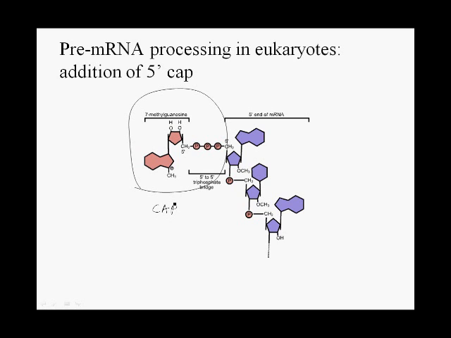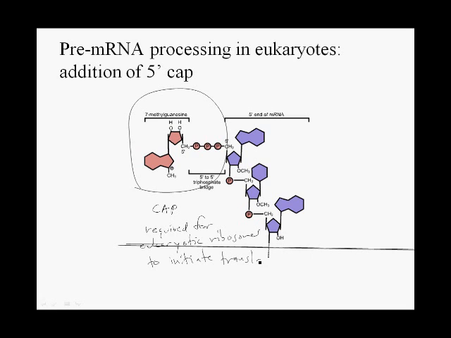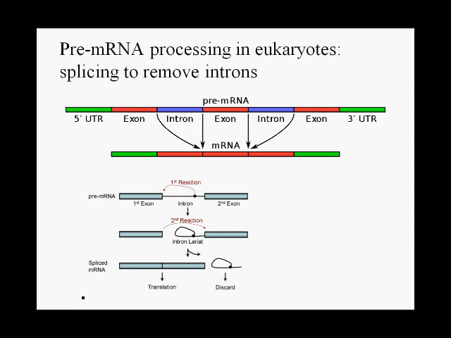You don't really need to remember the structure of this modification. You just have to remember that it occurs, that it's called a cap, and that it is required for eukaryotic ribosomes to initiate translation. Prokaryotic ribosomes don't need any such cap, but eukaryotic ribosomes require this cap to translate an RNA molecule.